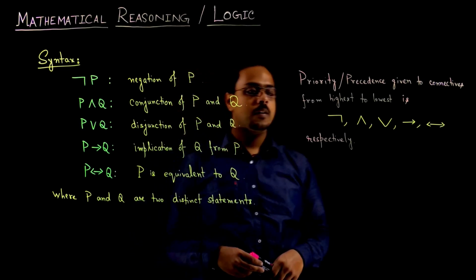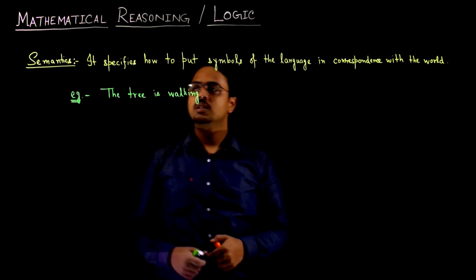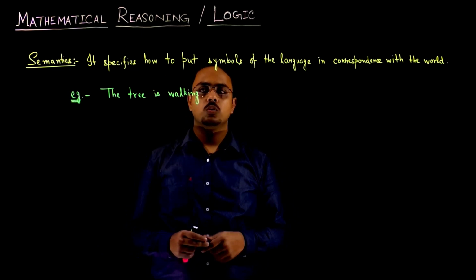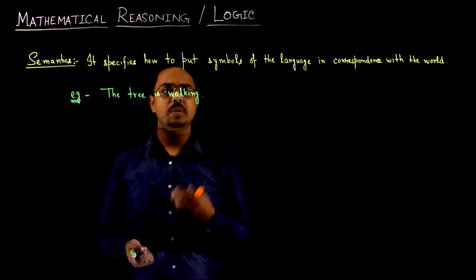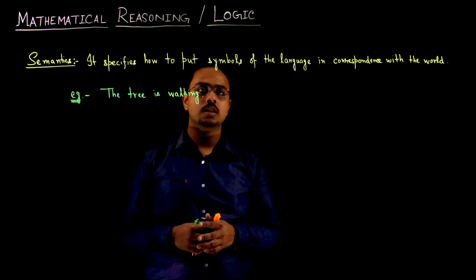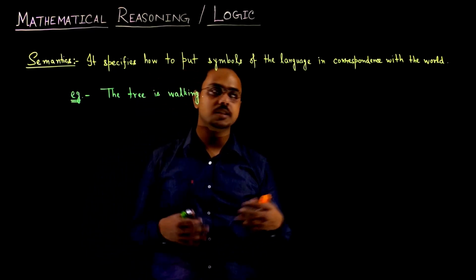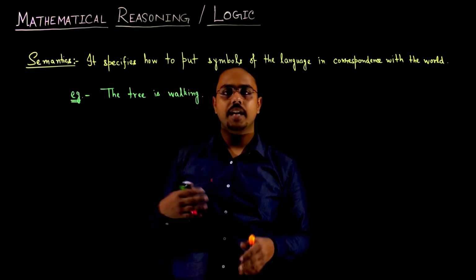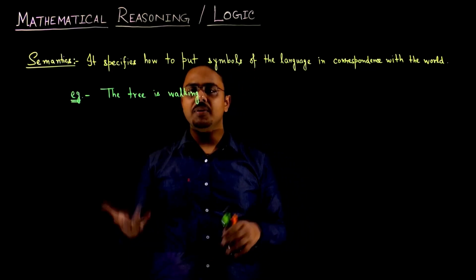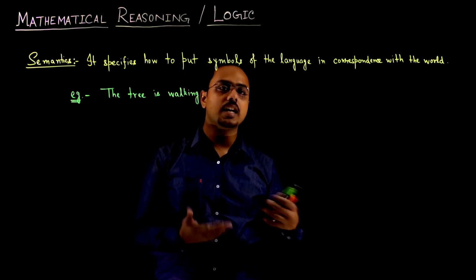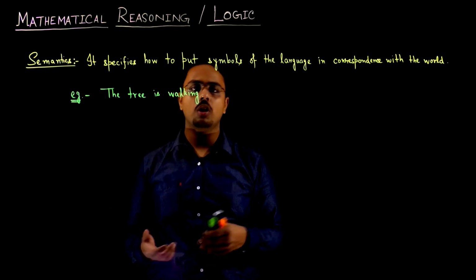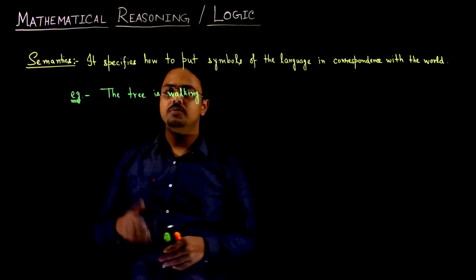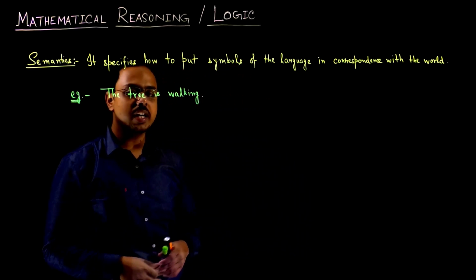Okay. Now comes the concept behind the semantics. Okay. So semantics specifies how to put symbols of the language in correspondence with the real world. That is, it tells us whether a sentence is logically correct or logically meaningful or not. Say for example, we have this statement, the tree is walking.